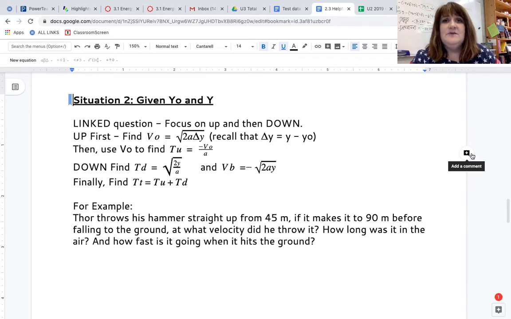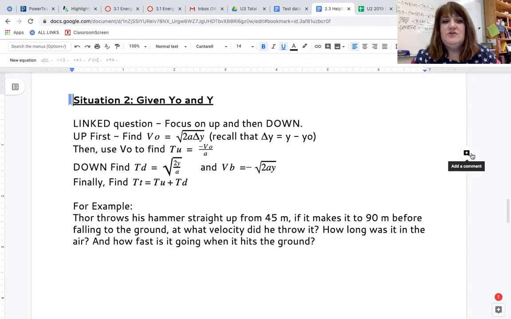This is a linked question, so you have to be very careful to focus on whether or not you're going up versus going down. The first step is to find V naught, that is the square root of 2a delta y. Recall that delta y is y minus y naught.